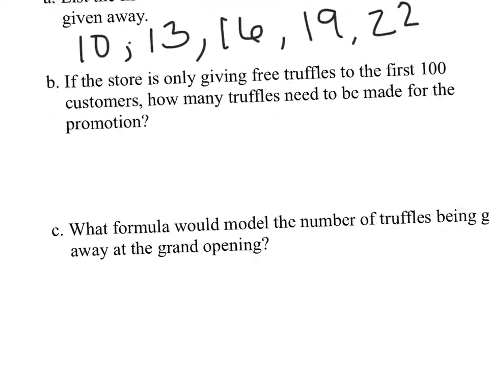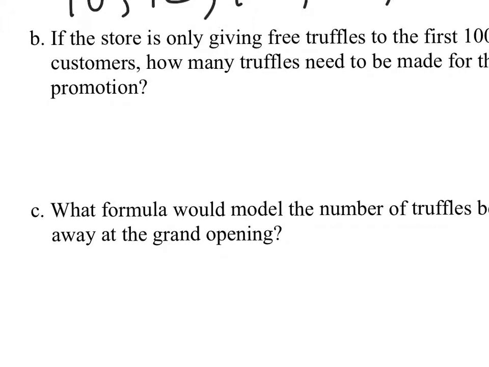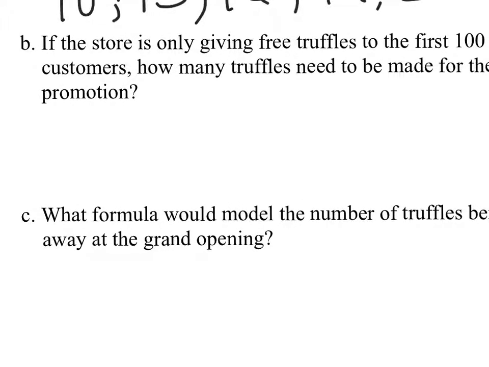So we're going to use our formula for this part. So the formula is only giving free truffles to the first 100 customers. Then 100 is going to be our N. Okay, but first we need to find our formula. So we're going to start with the explicit formula.